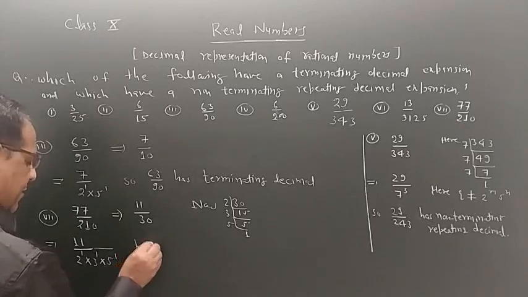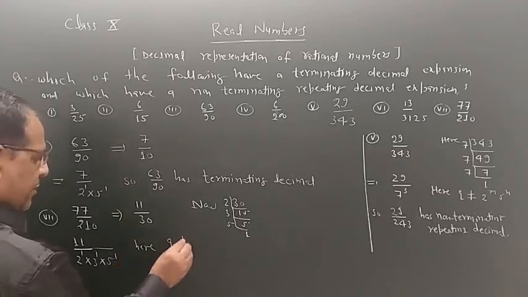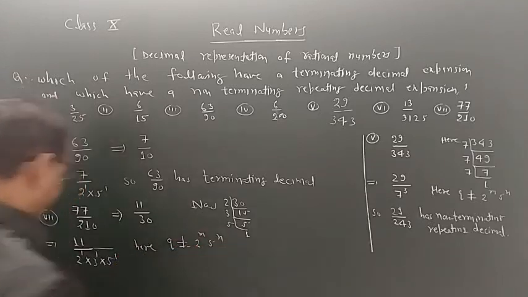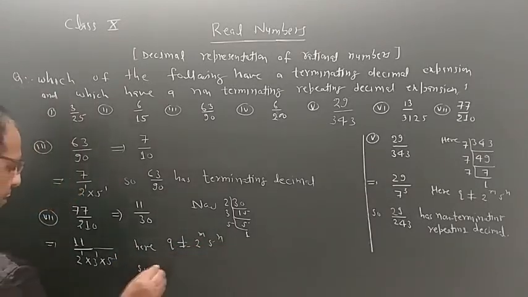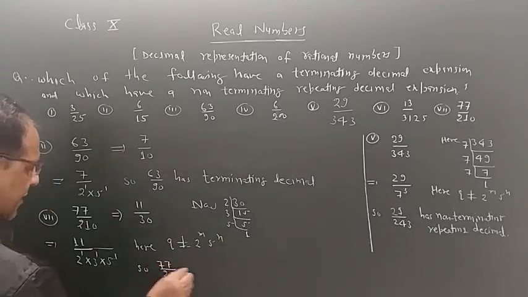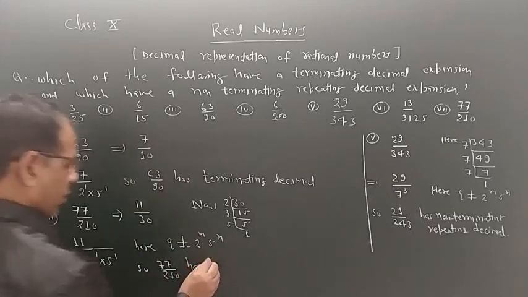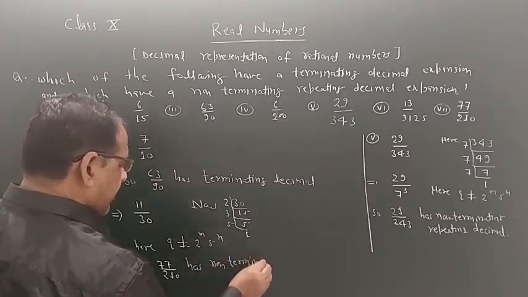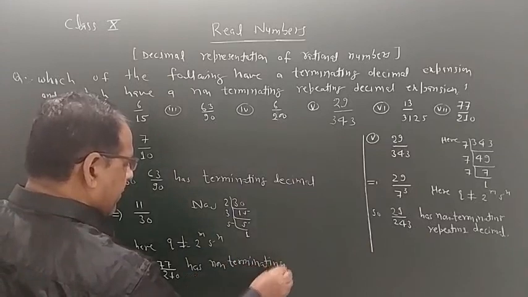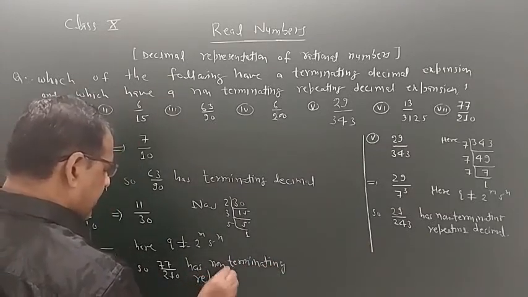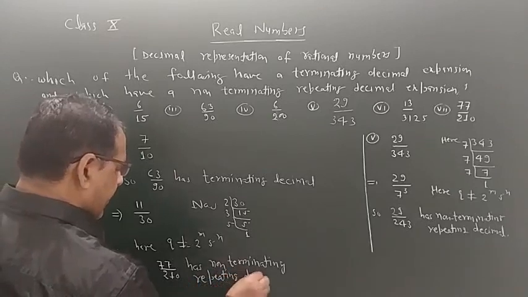Here the denominator cannot be expressed in the form of 2 to the power m, 5 to the power n. So 77 upon 210 has a non-terminating repeating decimal.